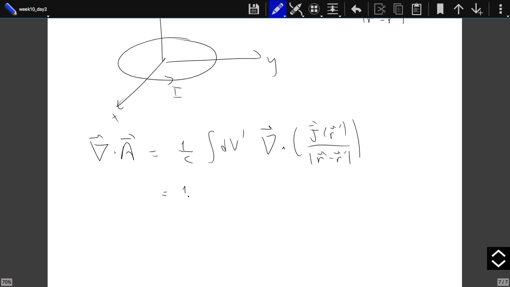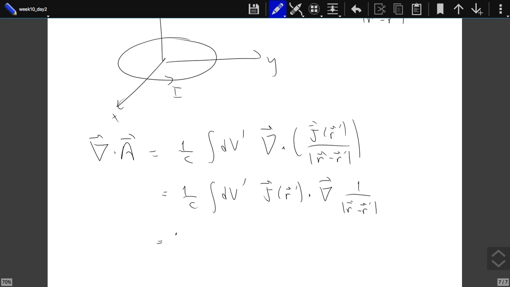But this will be equal to 1 over c times dV prime times J of r prime, scalar product with the gradient of 1 over r minus r prime, because that gradient only acts on the r coordinate, not the r prime coordinate.